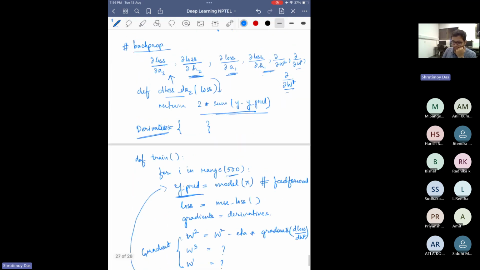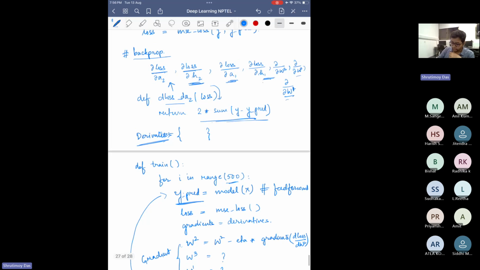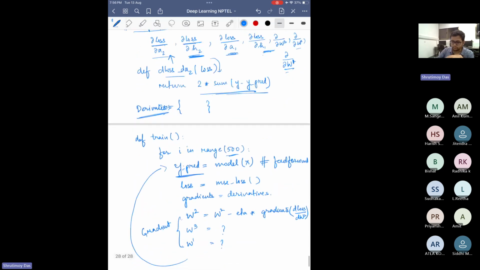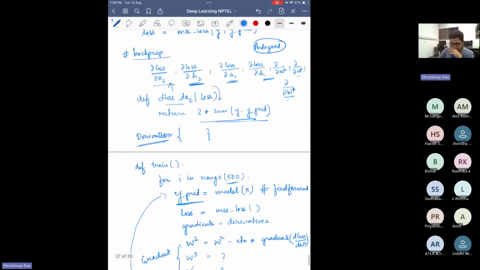In general, if you are using, say, PyTorch or TensorFlow, you don't have to write all of these functions. There is something called AutoGrad. I think it may be covered in future classes. This AutoGrad function computes these things internally. You don't have to write these functions. This is just a simple example that I have shown.